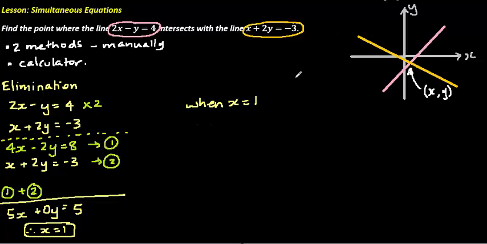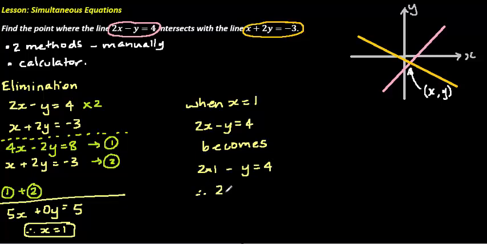And I therefore get my first equation, 2x minus y equals 4, becomes, with x equals 1, 2 times 1 minus y equals 4. So therefore 2 minus y equals 4. I could put that into the calculator and solve it if I want to, or I can work it out myself and I find that y is negative 2.